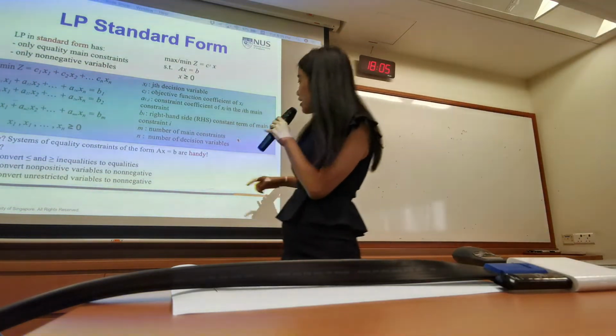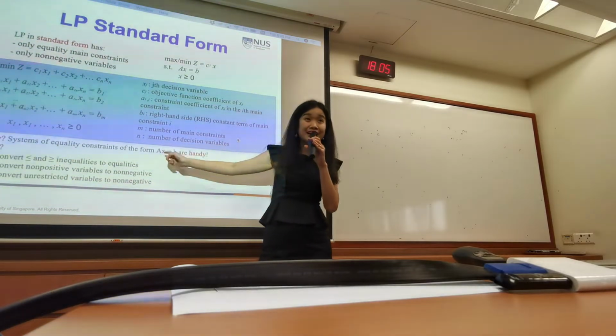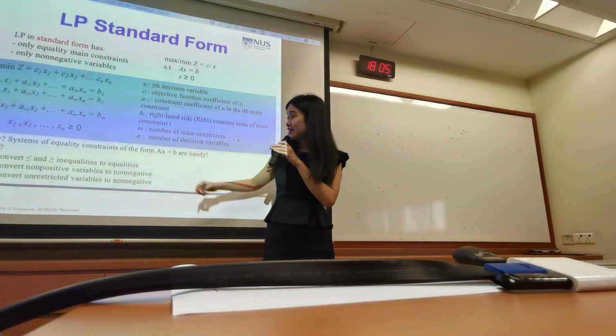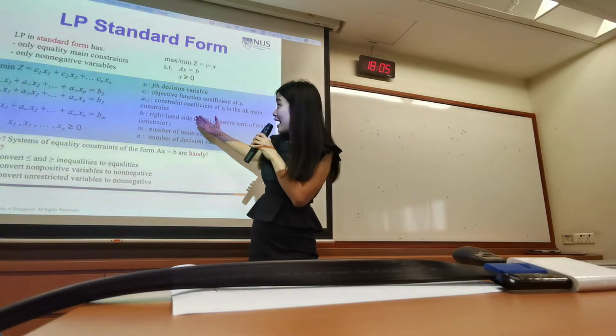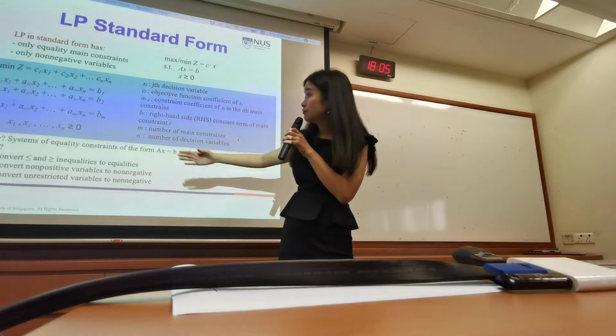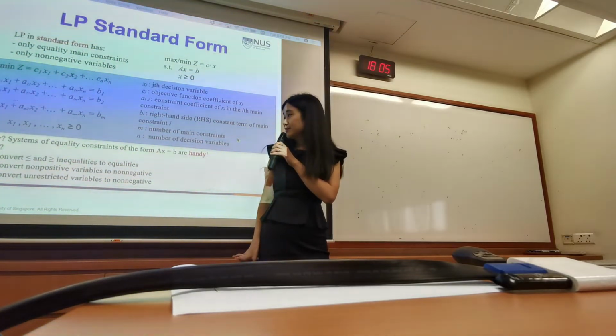So we want to write in the standard format, the matrix A multiplied by x equals the vector b. But how do we do that? That's a guide to how we convert all the inequalities to equalities.